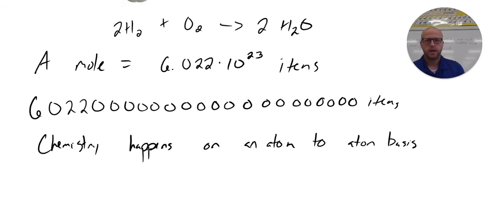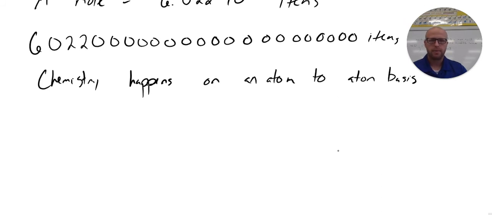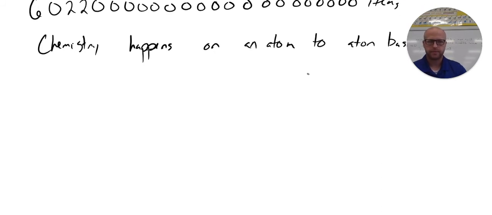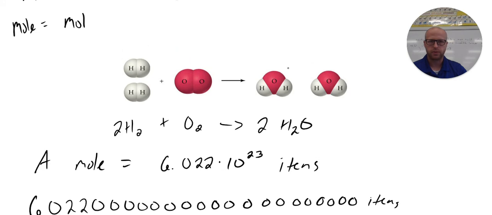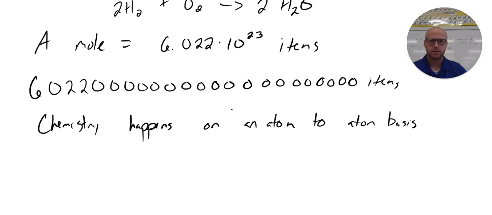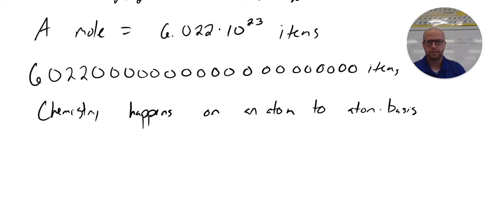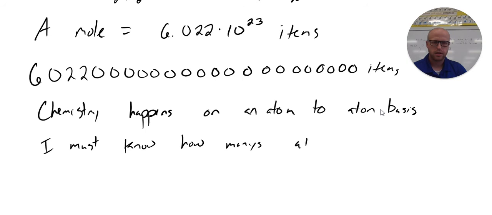Or in other words, I have to know how many atoms I have. Okay? So just like what we were looking at over here, we're counting atoms. So chemistry happens on an atom-to-atom basis, so I must know how many atoms I have.